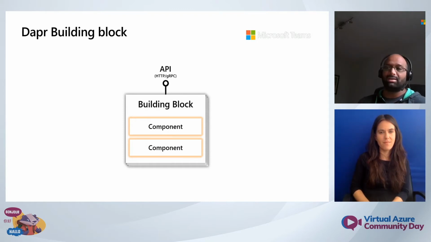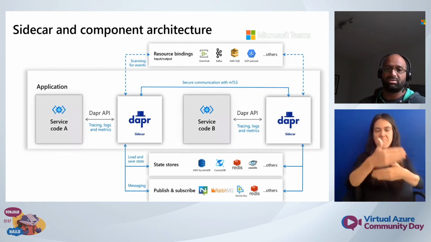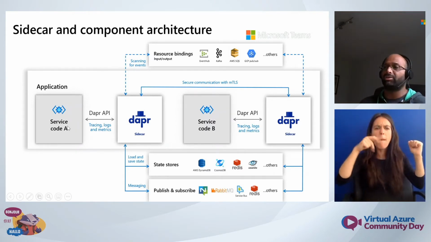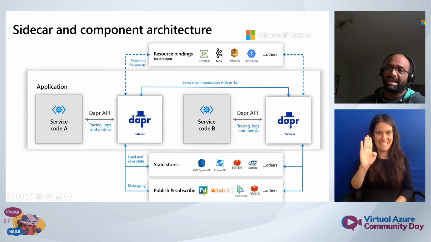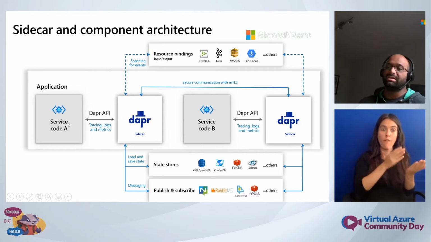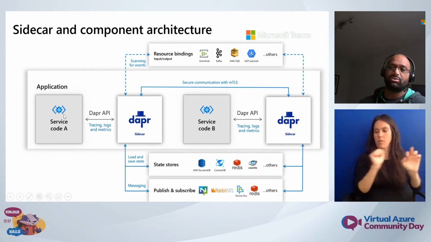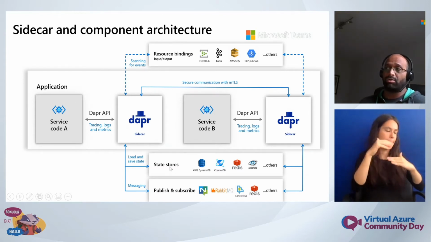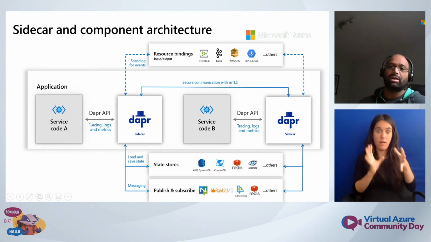Now, going forward, I want to show the sidecar and component architecture of Dapr. As you can see, in this application there are two services, service A and service B. Both of these services have their respective Dapr sidecars. When these services have to access any of the Dapr building blocks, like state store, pub sub, or bindings, they make a local endpoint call.